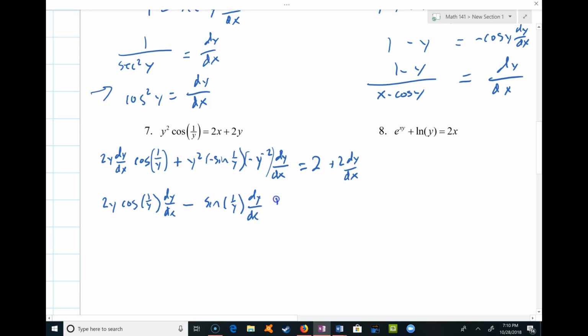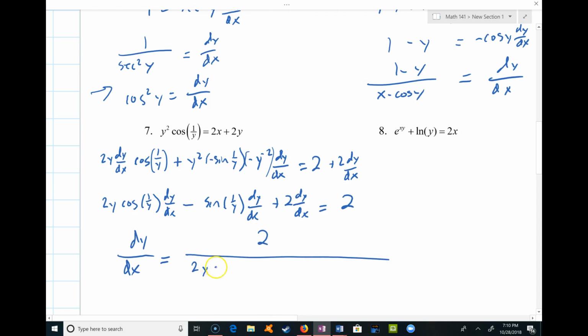Then I'm going to move that other guy over there, plus 2 dy dx. And I'll just have a 2 over there. Factor out the dy dx's, and I get dy dx is equal to a 2 on top and all this other stuff on the bottom: cosine of 1 over y minus sine of 1 over y plus 2.